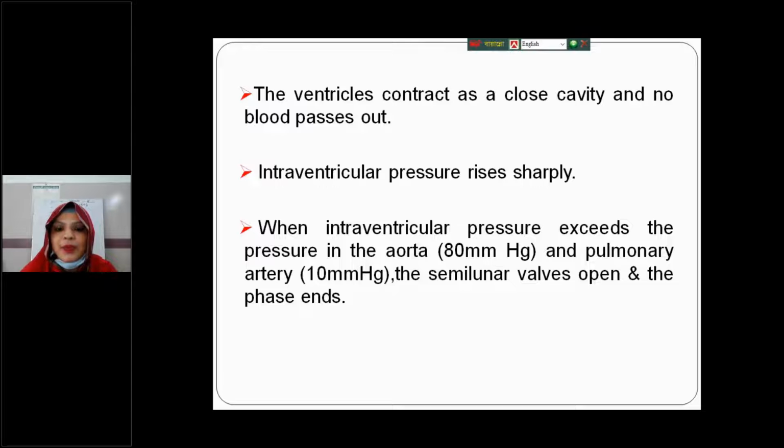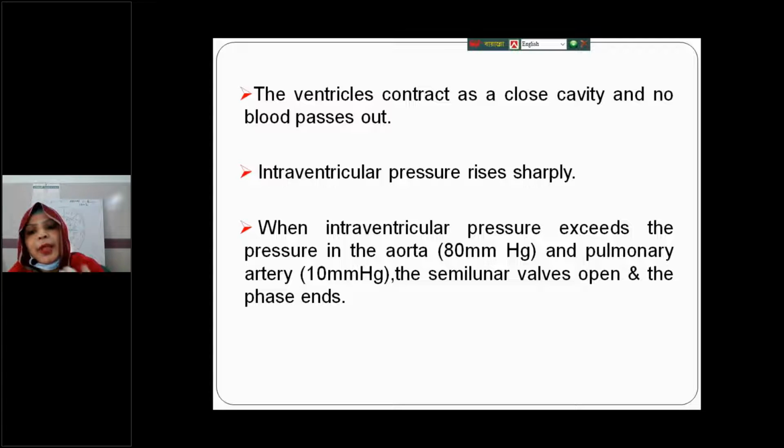aortic pressure, that is the pressure in the aorta, 80 millimeter of mercury. When the left ventricular pressure overcomes this pressure, at that time the semilunar valve, the aortic valve, will open. And whenever the right ventricle overcomes the pressure present in the pulmonary artery, that is 10 millimeter of mercury, at that time the pulmonary valve, another type of semilunar valve, will open.